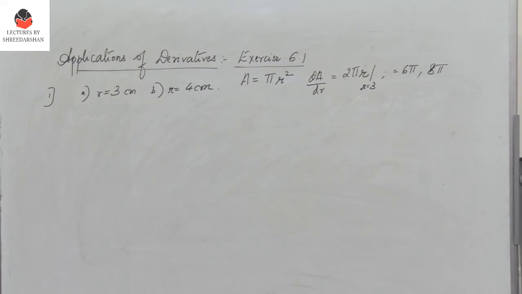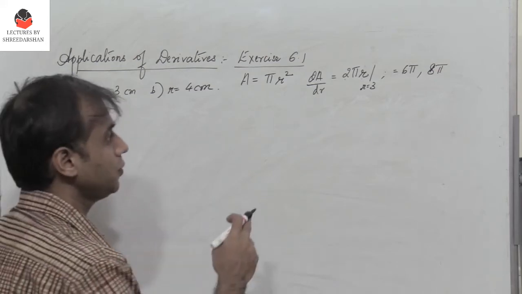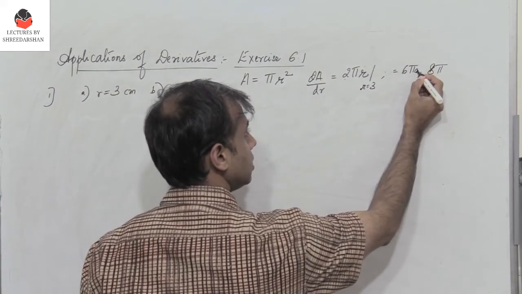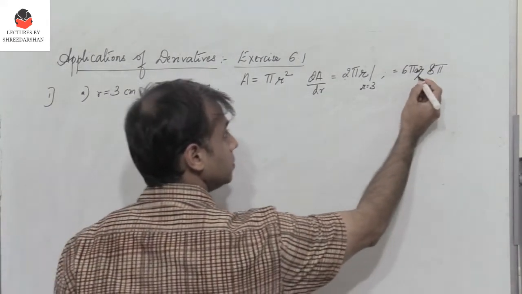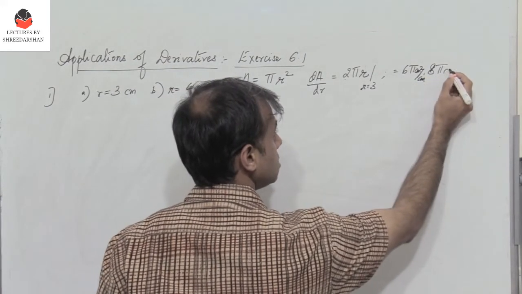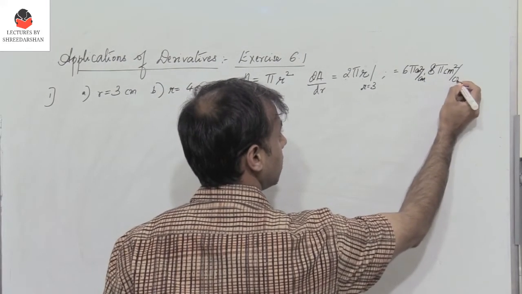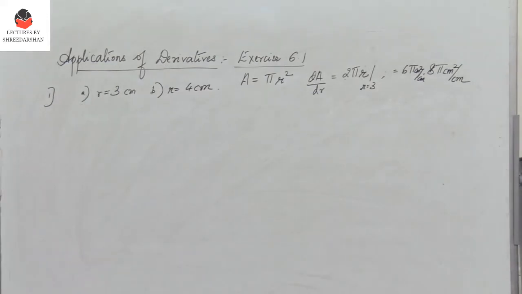So this is the rate of change of area with respect to the radius. What about the units? Area is in centimeters square with respect to the radius r, which is centimeter. So this is centimeter square divided by centimeter. A very simple problem.